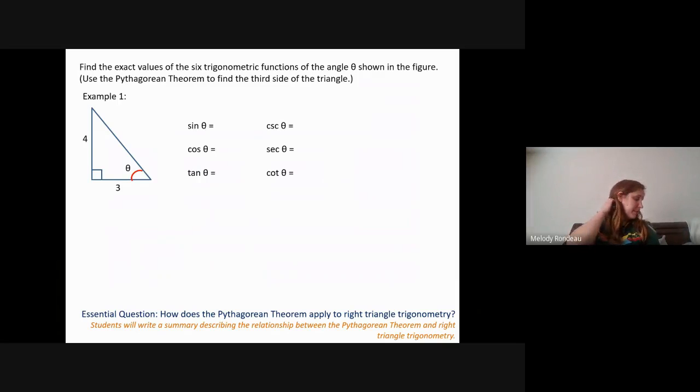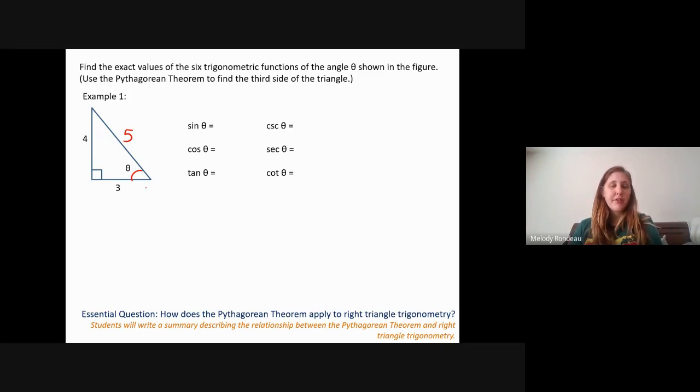Okay, so we're going to pick it up with example 1, just practicing those trig functions. There is in our directions, not only to find the values of the 6 trig functions, but also that we might need Pythagorean theorem. You could do Pythagorean theorem here, but hopefully we can recognize this is a 3, 4, 5 triangle, and the 5 is the hypotenuse, so it's done correctly.